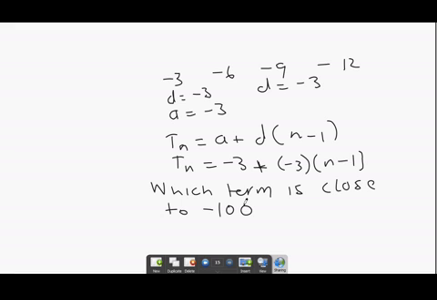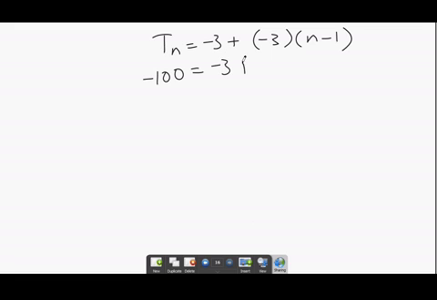Now, if you look at negative 100, our pattern is increasing in the negative direction. So we want to find out which term is going to give us negative 100. So to do that, we simply substitute.